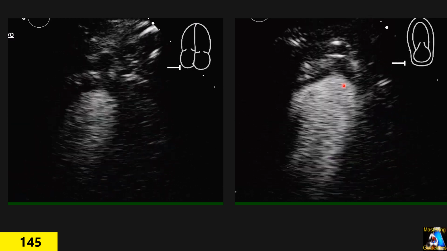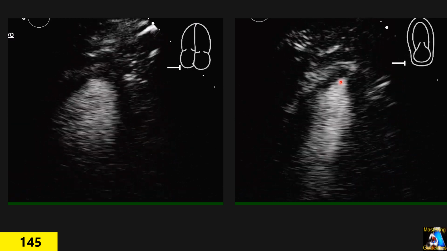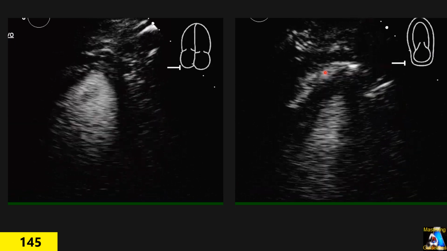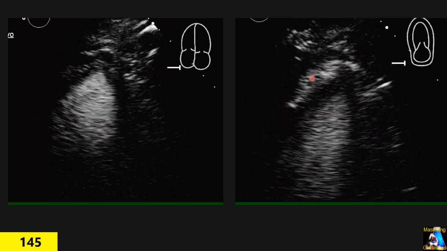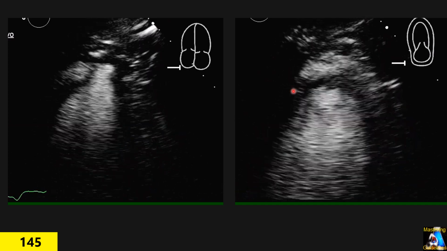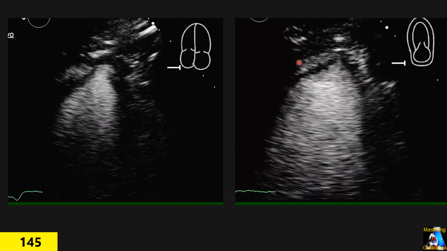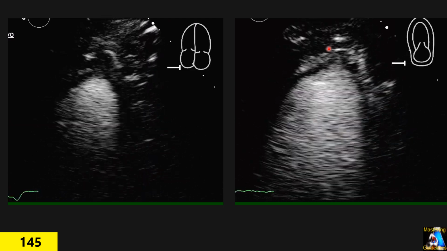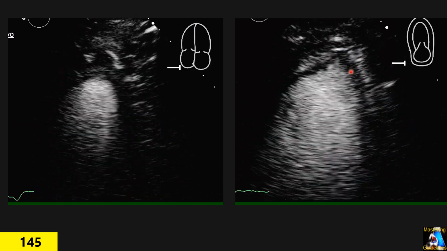I tried the apical 2 view, a little here, separate and disconnected at this level, and we have contrast material here. You have to explain why, beyond the myocardium, we have contrast. That is the point.